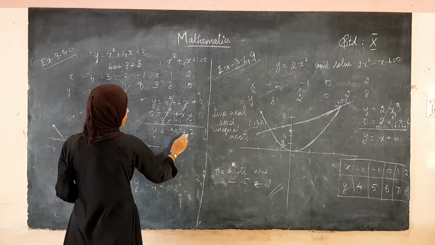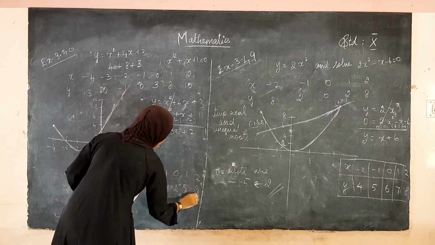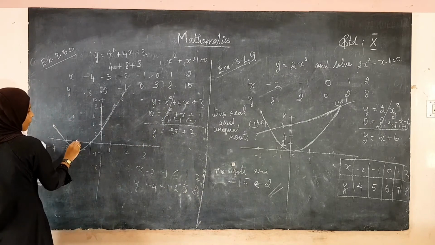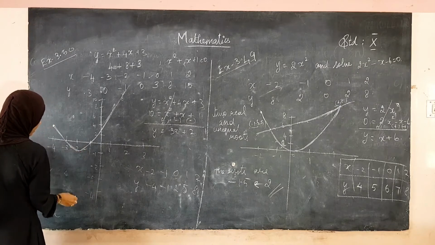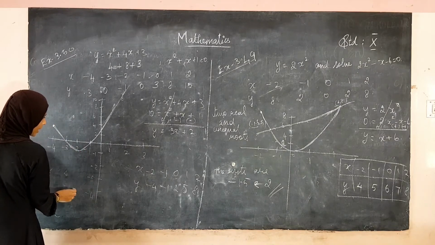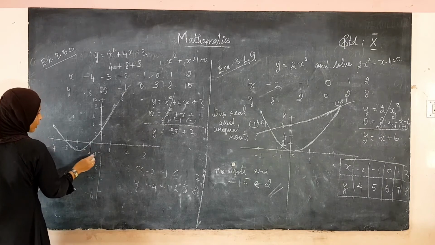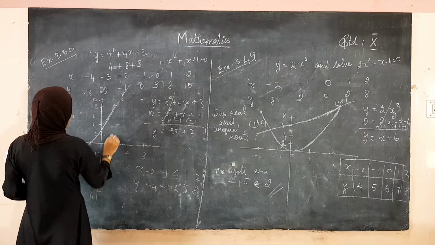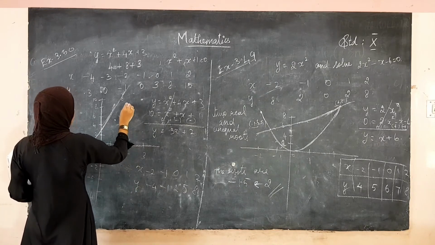For 1 it becomes 3 plus 2, it is 5 and for 2 it is 6 plus 2, this is 8. Now, we have to mark these points: minus 2 comma minus 4, this point, and then minus 1 comma minus 1 at this point, 0 comma 2 at this point, 1 comma 5 at this point and 2 comma 8.